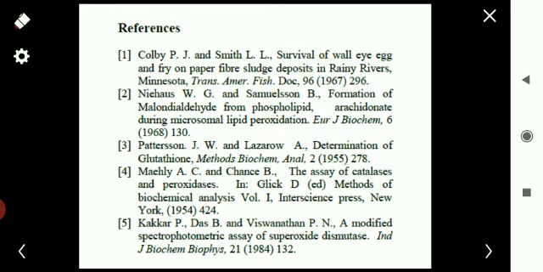References have different formats across different journals. In this case, the year is included at the end of the reference. In some journals, the year is added after the names of the authors.